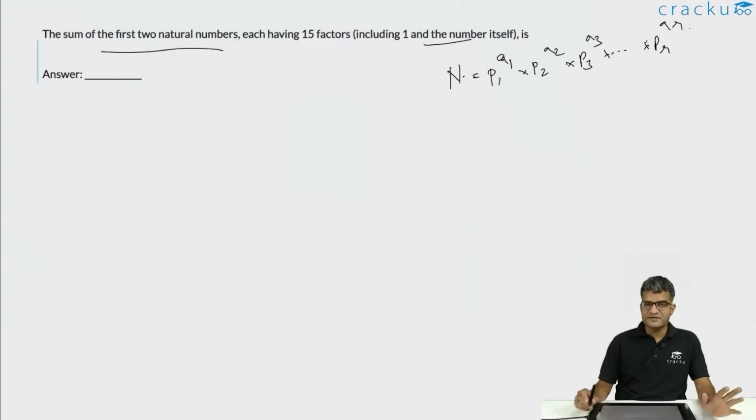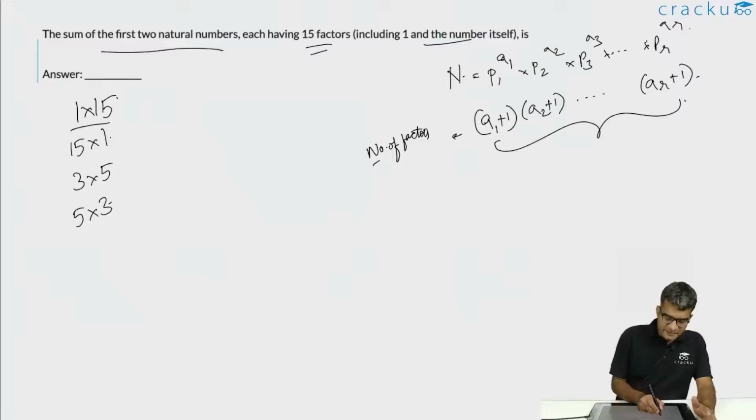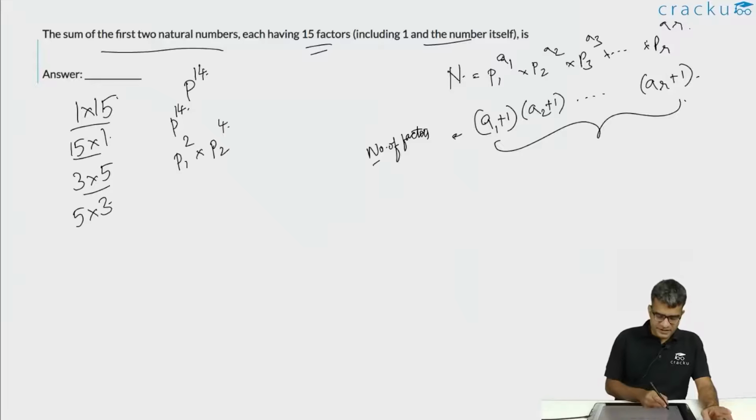In the first case, if it is 1 into 15, basically what we are saying is that this is of the form a prime number p to the power 14. Even over here, it will be a prime number p to the power 14. In this case, it has two prime factors, and this will be of the form p1 square into p2 to the power 4. This also will be similar, it will be p1 to the power 4 into p2 square.